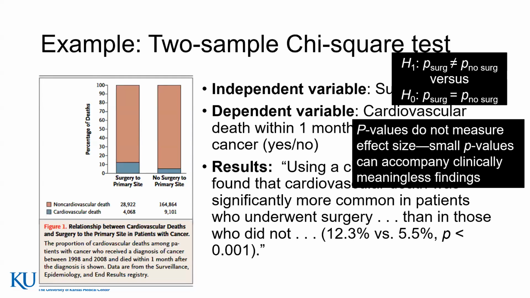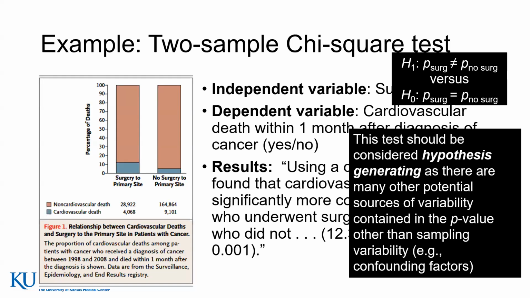So since the study was observational, we know that there's a high risk of bias. The results should be considered hypothesis generating. So when you're conducting an observational research study, oftentimes in the discussion of a research paper you would see what the limitations of the study are.